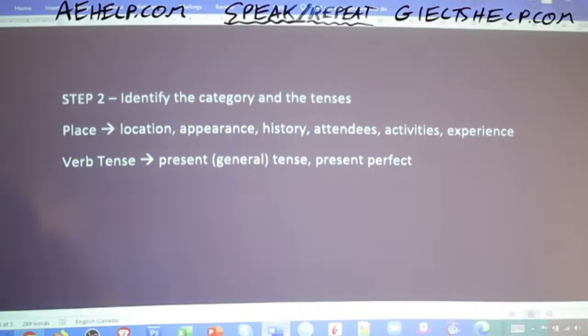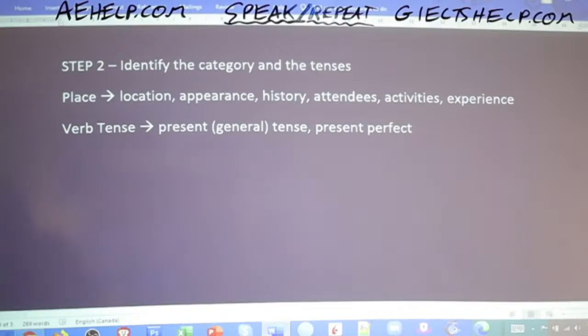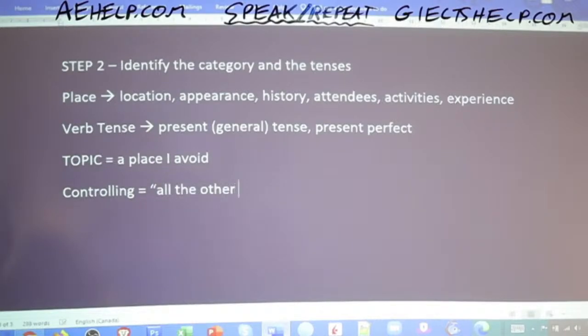All right, so now that we've done that, we want to make sure we identify the topic as well. So it's a place I avoid, and the controlling idea is all the other questions. Okay. All right.